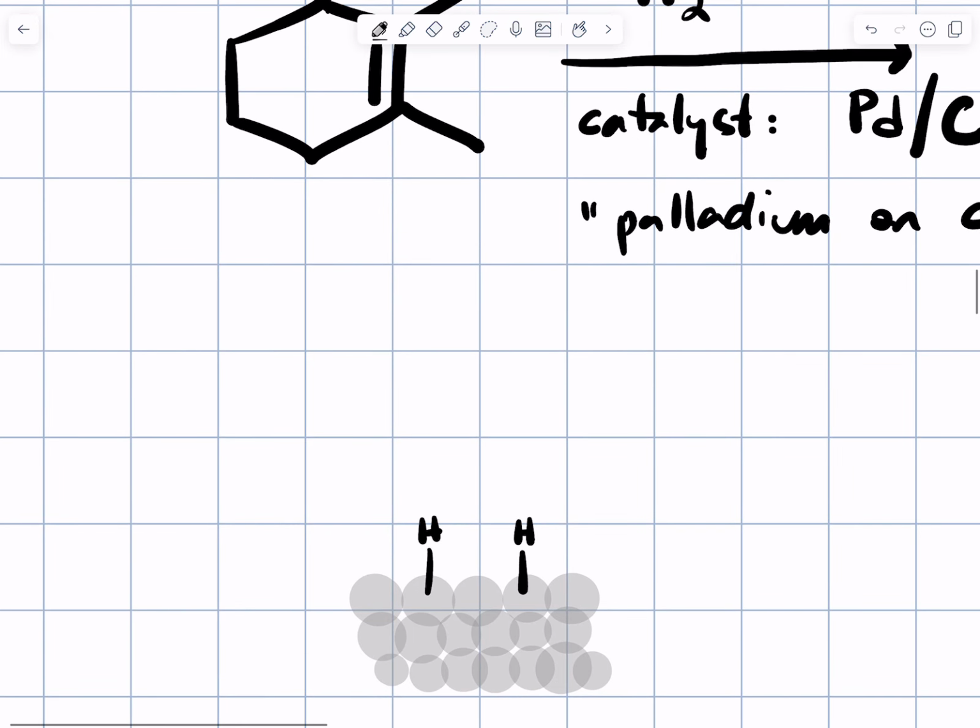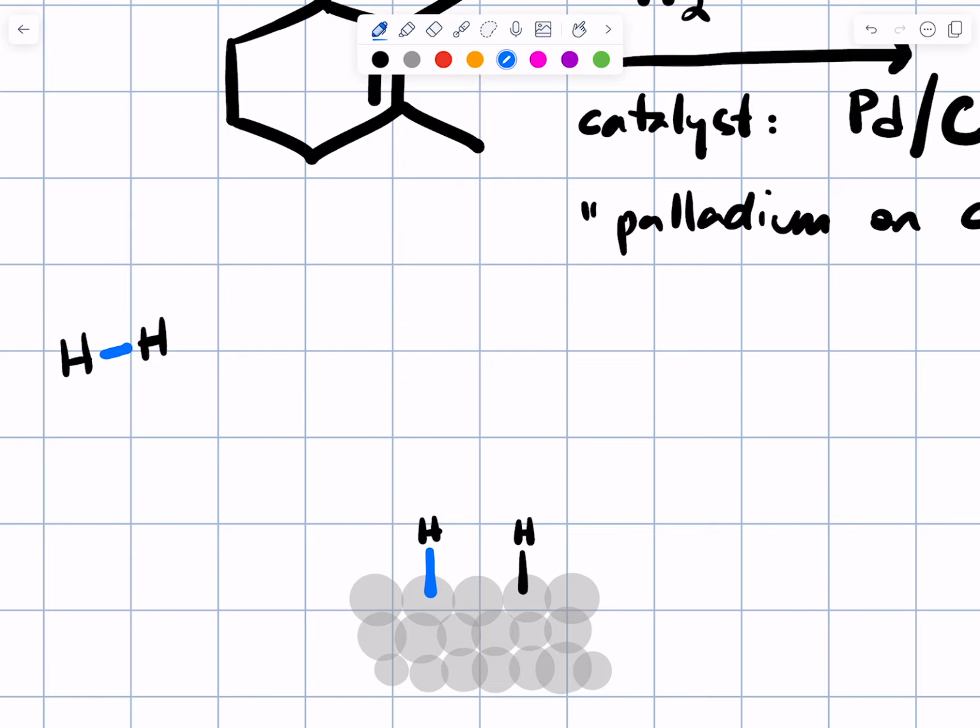So before hydrogen bonds to the metal, it's like this. After hydrogen bonds to the metal, it looks like this. These two electrons from the hydrogen bond are in one of these hydrogen palladium bonds. The electrons in the other bond actually come from the palladium metal.